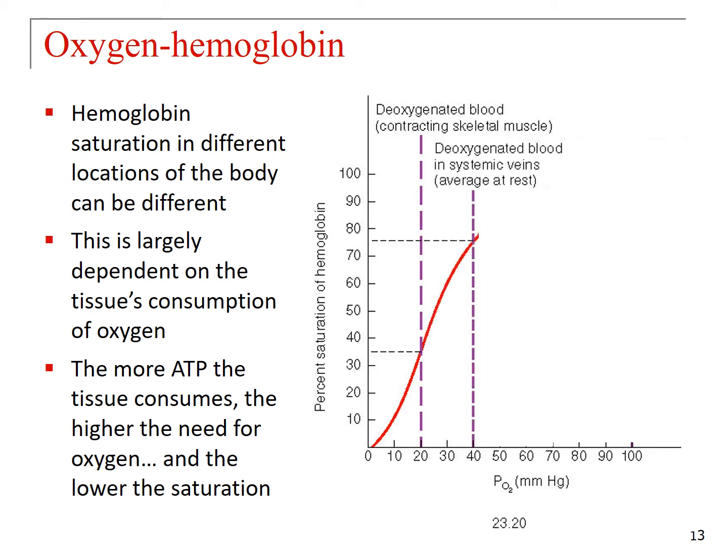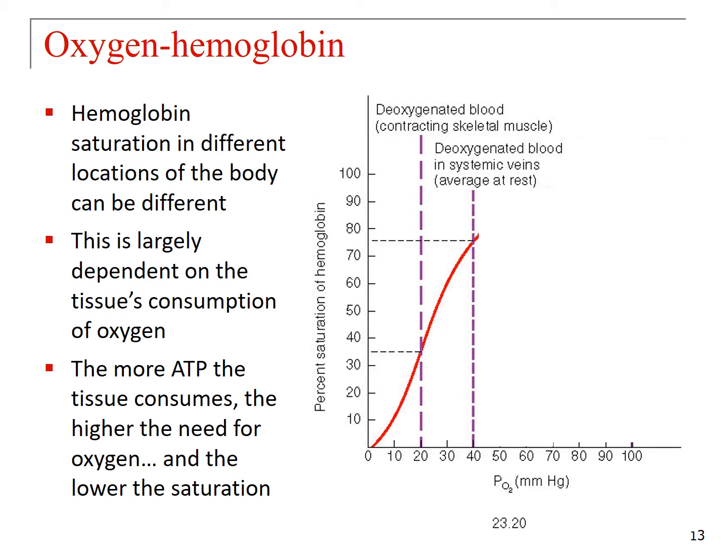Now, your average deoxygenated blood in systemic veins, this is going to be blood that's coming out of high demand tissues like skeletal muscle and low demand tissues like adipose. And so it's going to average out to a PO2, a partial pressure, of about 40 millibars. Now if you follow that purple dotted line up, you can see that you've got about 75% saturation of hemoglobin.